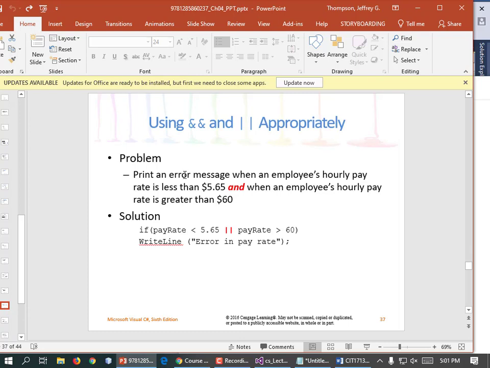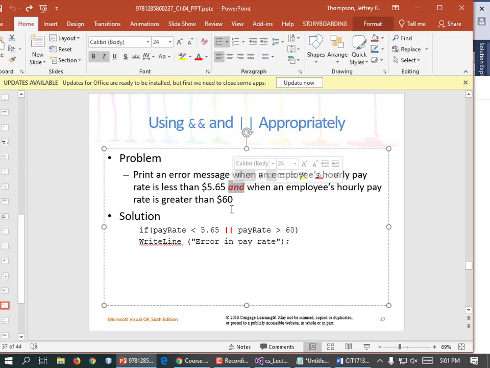So, problem: print an error message when employees' hourly rate is less than $5.65 and their hourly pay rate is greater than 60. Well, that's impossible. If I read this like a programmer, I would want it to be written like this: print an error message when the pay rate is lower than $5.65 or when it is greater than 60.